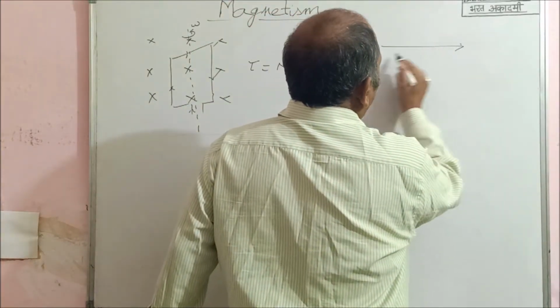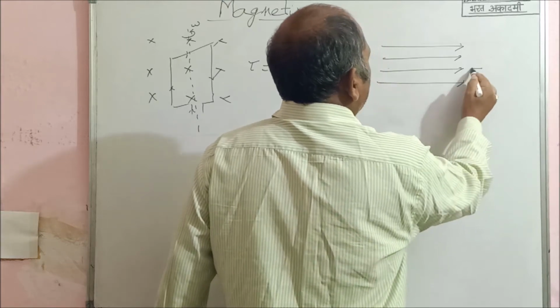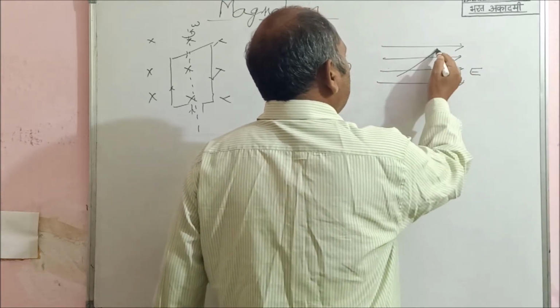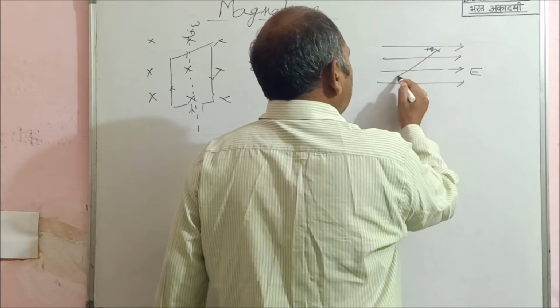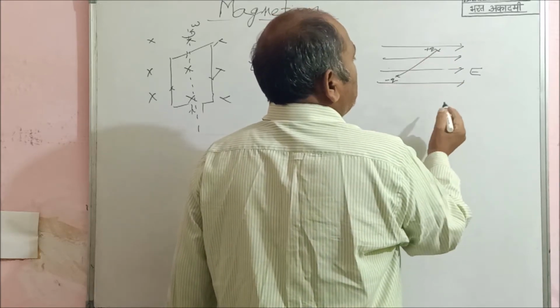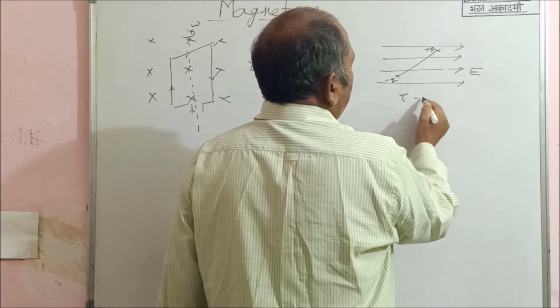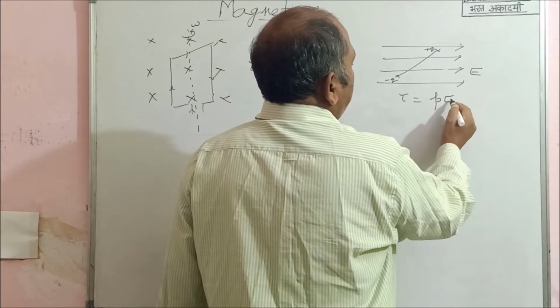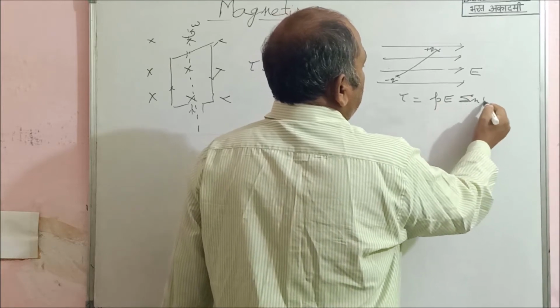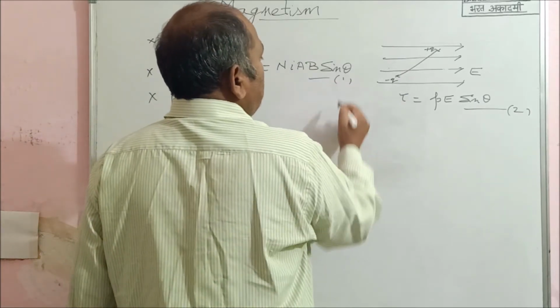In the electric dipole case, what we have got earlier on, that when an electric dipole is placed inside a uniform electric field, then it also experiences a torque on it, which is given by tau equal to PE sine theta, right? This is equation 2, and this is equation 1, right?